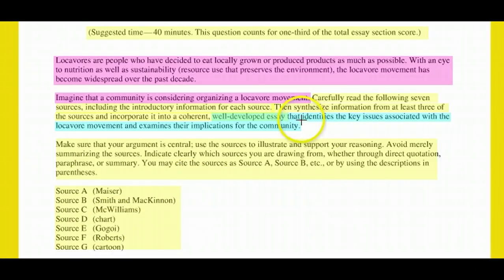Key words would include identifying key issues, okay, and examining their implications. In your response, you would need to make sure that you both talk about what the key issues are and then discuss how those issues are going to affect the community. If you don't do both of those things, you will not get a good score in the essay.